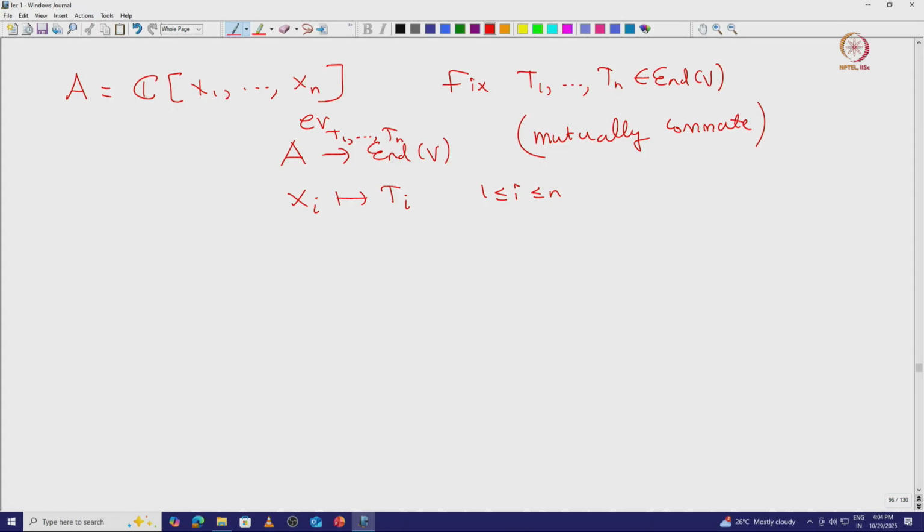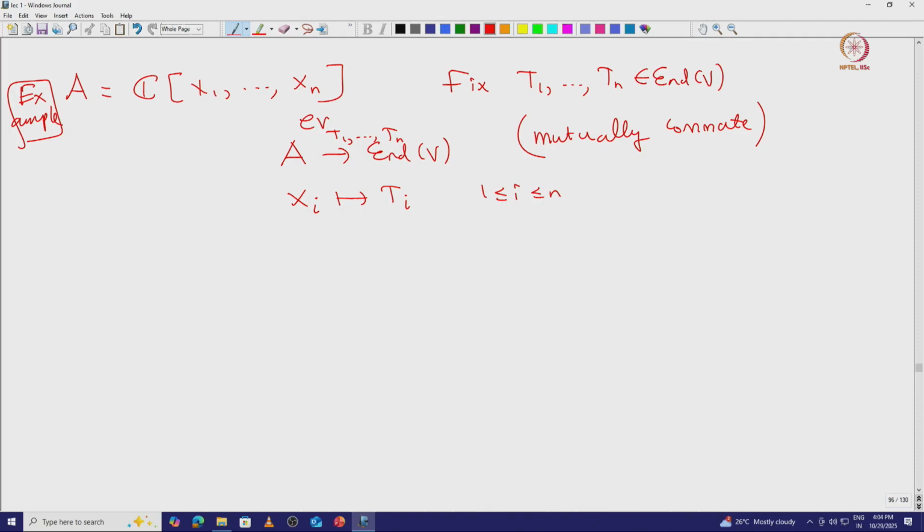This is indeed an algebra map, and so x_i acting as T_i gives us a representation.